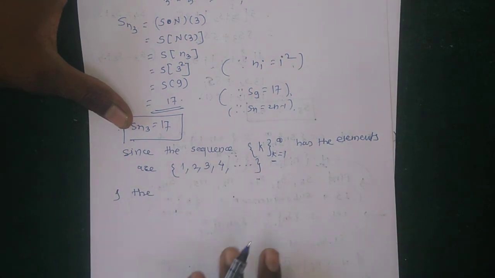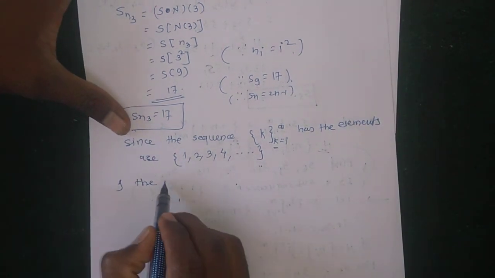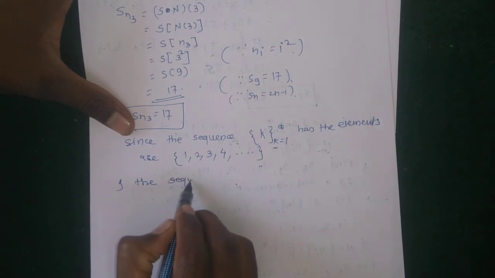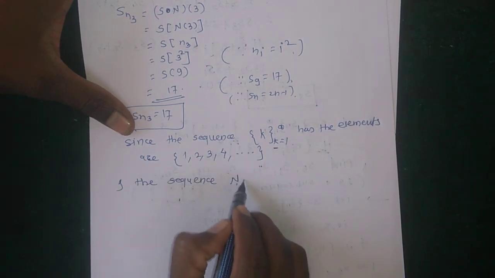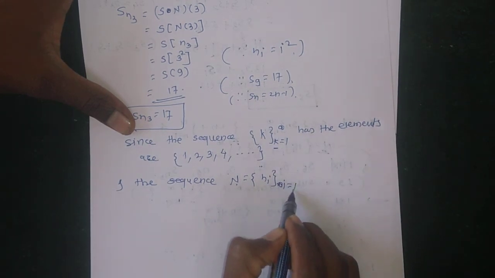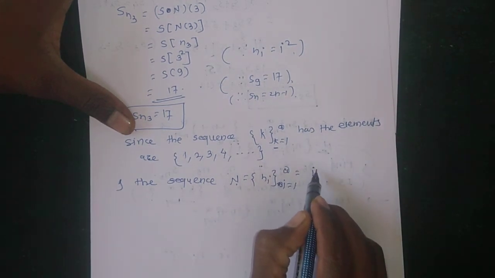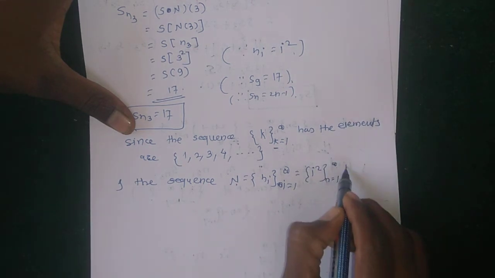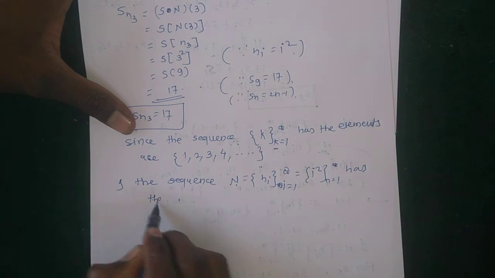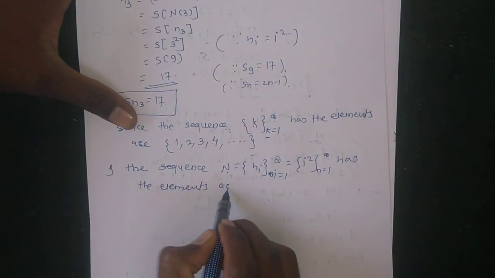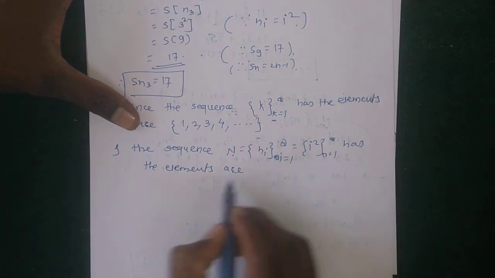And the elements of the sequence n, where ni is equal to i square and i runs from 1 to infinity. What are its elements?